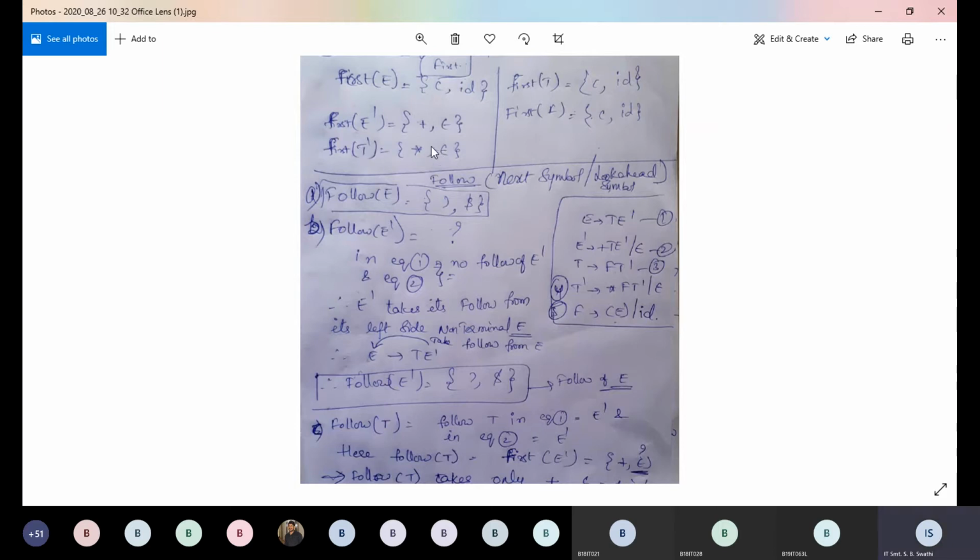So first of T dash is the star operation, comma, and since one more expression is also there, we are going to include that also. Since epsilon is a terminal, directly you can take it here. So epsilon is one more replacement of T dash. Clear?